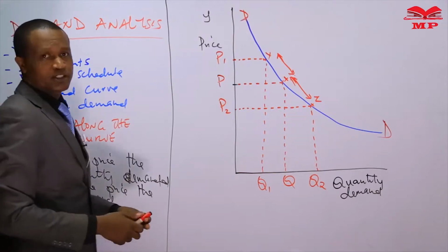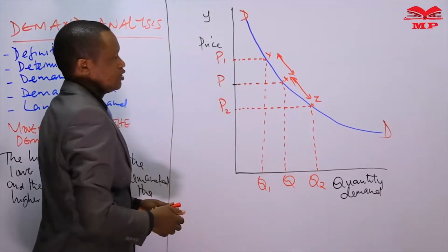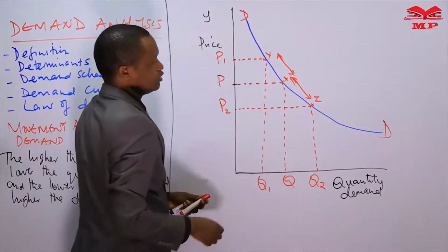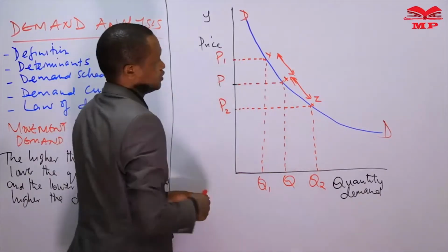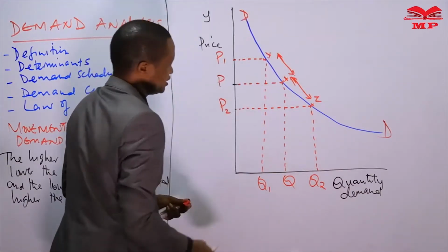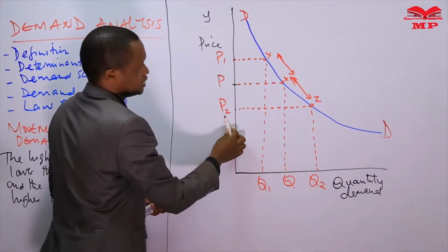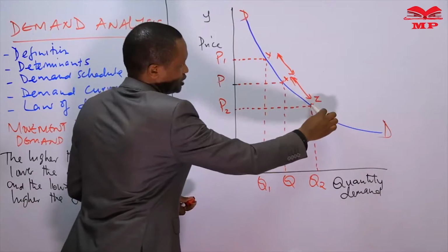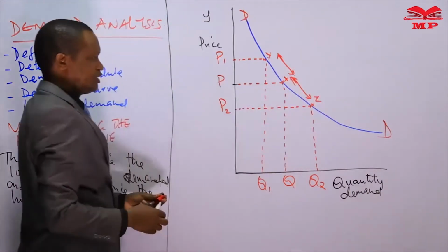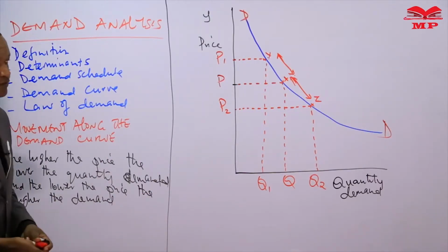You can see there is movement either when there is an increase in price or when there is a decrease in price. When there is an increase in price, there is movement along the demand curve from point X to point Y. But in the event that there is a decrease in price from P to P2, then there is movement along the demand curve from X to Z. That's what we mean by movement along the demand curve.